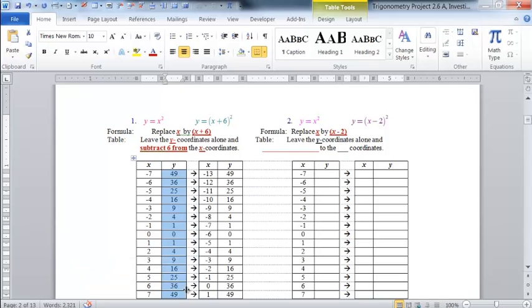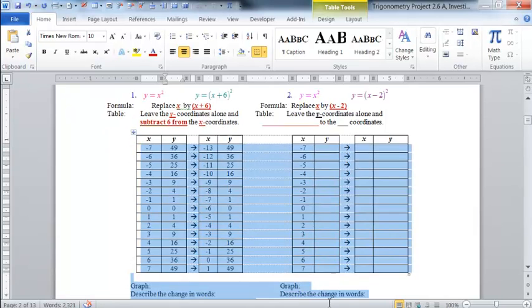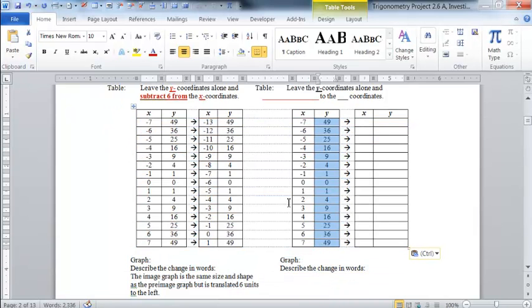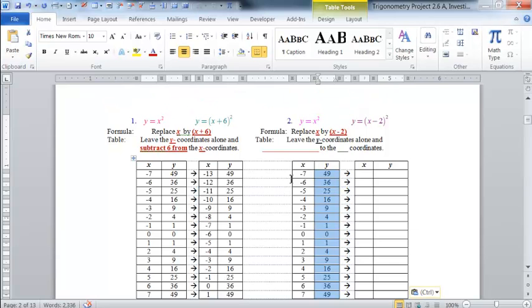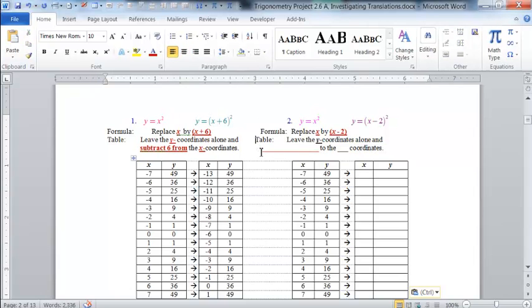The original function is the same. So if I go over here and copy and paste, Control C, Control V, okay, and notice it is the y coordinates that are the same as the x coordinates are changed, and we're going to notice it's backwards. So I need to add 2 to the x coordinates.